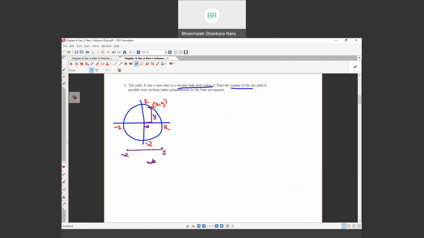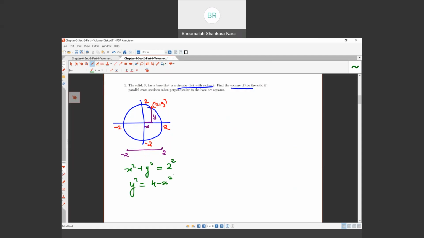Now, let's try to write an equation for the circular disc. Circular disc looks like a circle. So the equation is a typical circle equation, x square plus y square. The radius of the circle is 2, so I will be writing it as 2 square. Now we rewrite this, y square equals 4 minus x square.